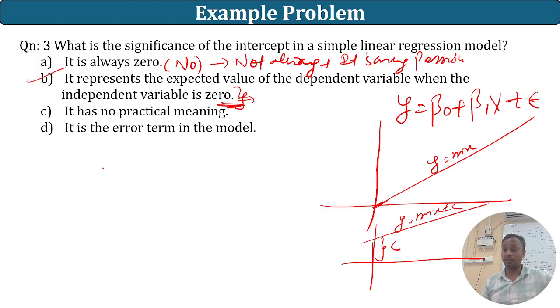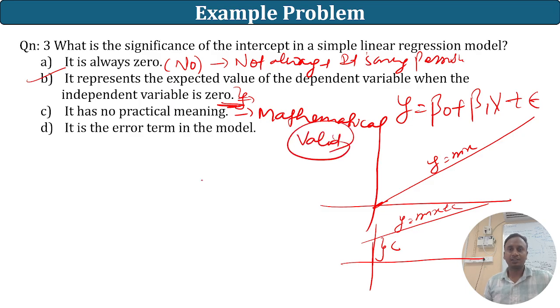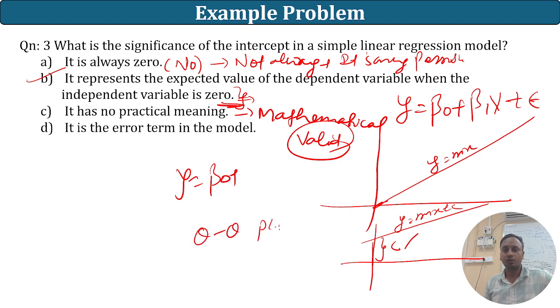It has no practical meaning, but mathematically it's valid. It tells about the shift, how much shift is happening from the origin. In the case of the QQ plot, the intercept should be somewhere there. It is the error terms in the model? No, no, this can't be the answer. So this is the correct answer. I think this is clear.